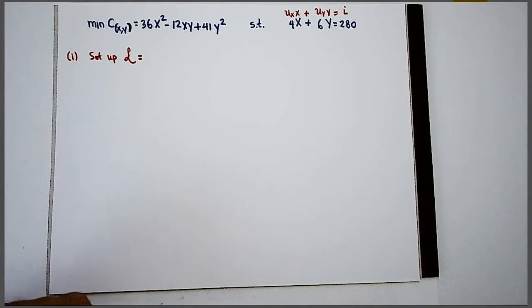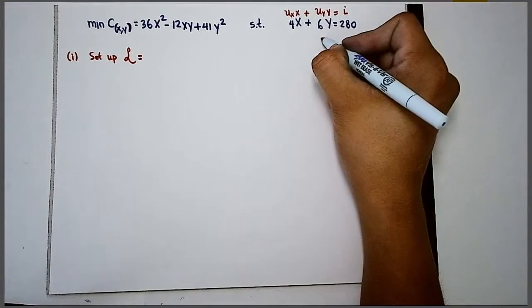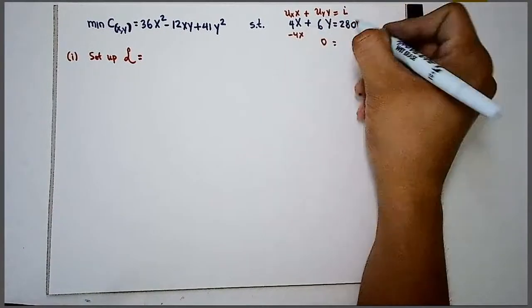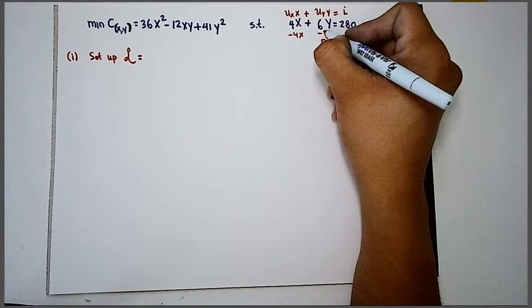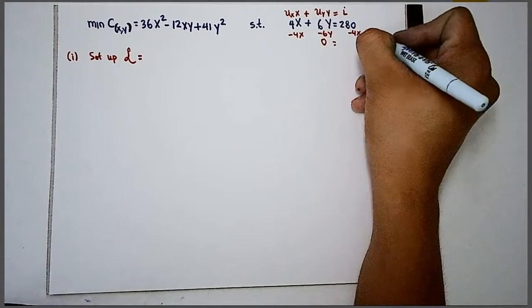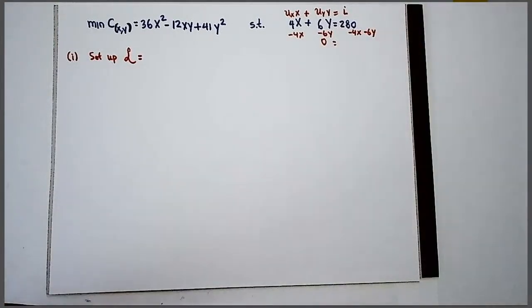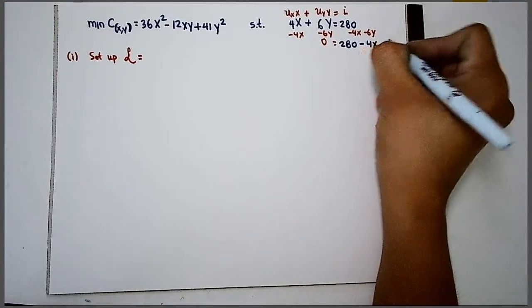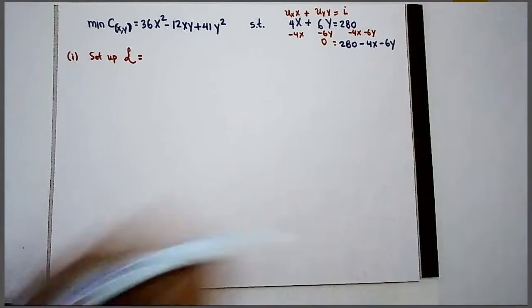In order to set up our Lagrange function, remember that we have to have 0 in one of the sides. So here we can subtract 4x and 6y from both sides. So we will have 280 minus 4x minus 6y.